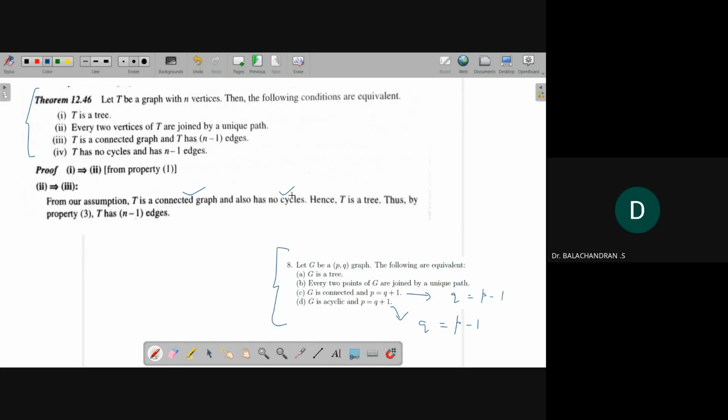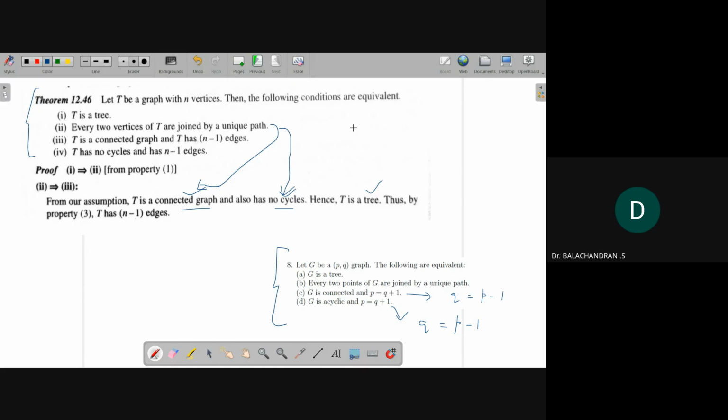Connected plus no cycle implies T is a tree. So we proved T is a tree. Still, I need to prove it has n minus 1 edges.